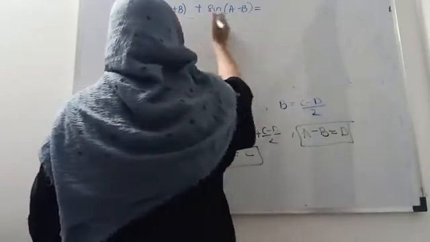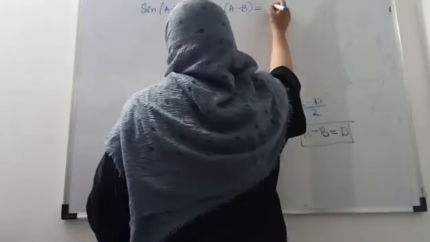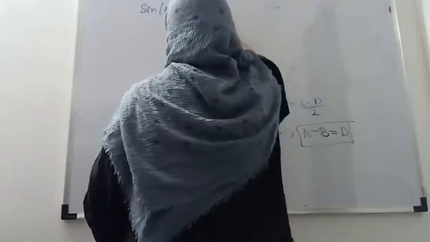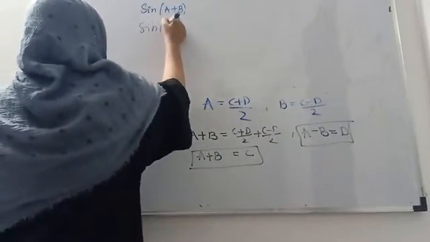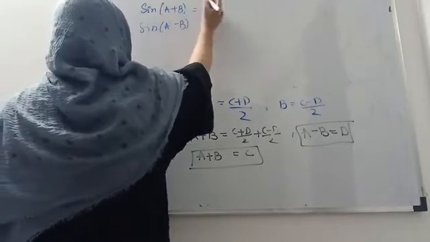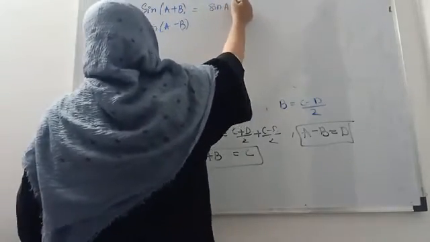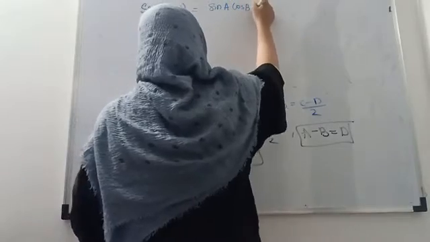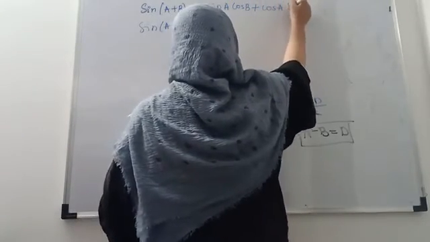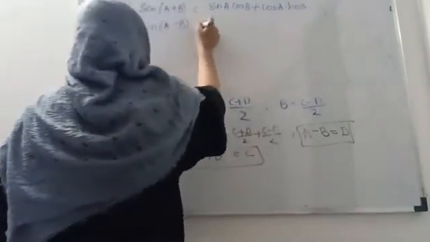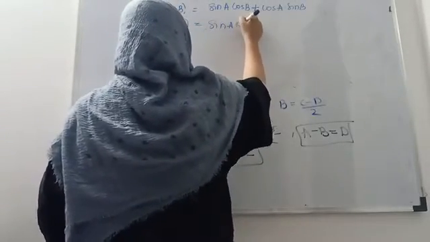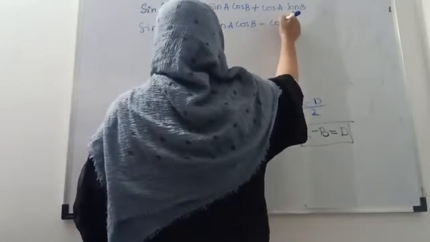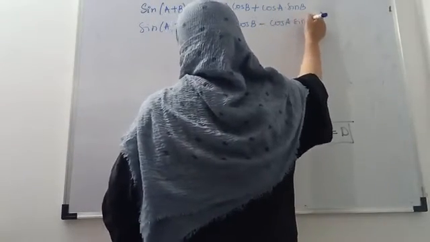First open the formula for sin A plus B and sin A minus B. So sin A plus B is equal to what? Sin A cos B plus cos A into sin B. And similarly sin A minus B is equal to what? Sin A cos B minus cos A into sin B.